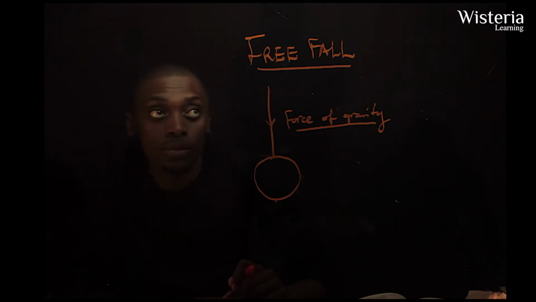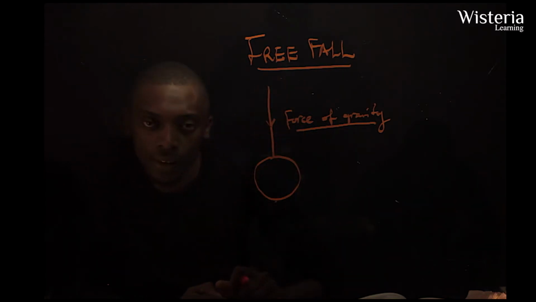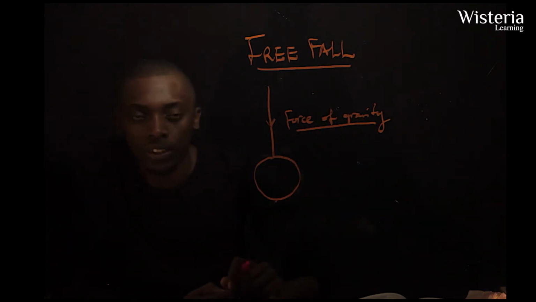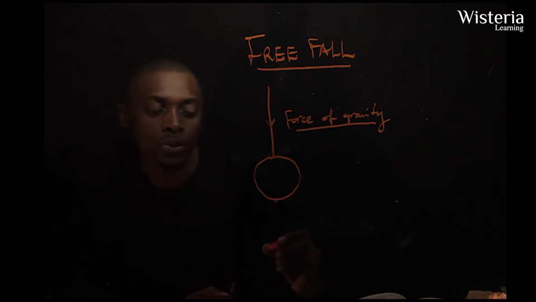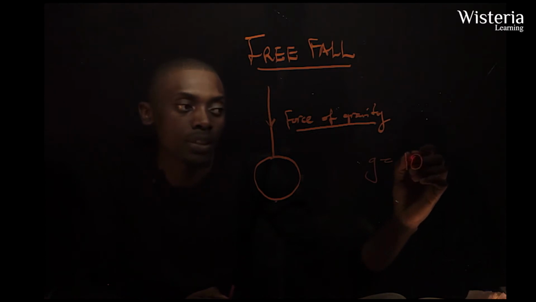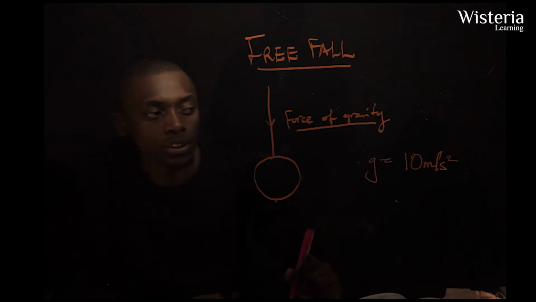After discussing what free fall is, we are now going to discuss how we can calculate different parts of the motion of an object as it falls through the air. As an object is falling and the force acting on it is gravity, it is going to fall with an acceleration equal to approximately 10 meters per second squared.